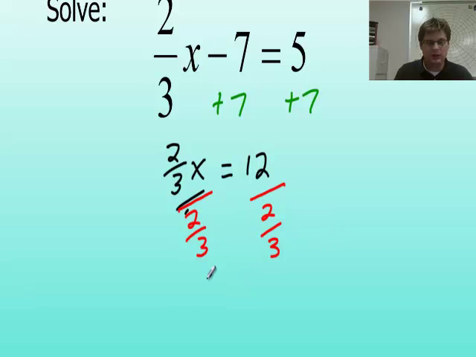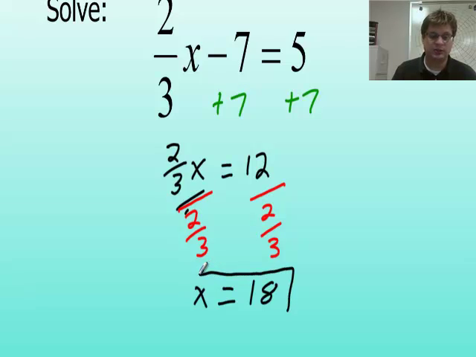That's going to leave me with x equals 18. That's our answer for x. So x would have to be 18. Of course, you would check that by substituting it into the x here. When you say 2/3 times 18 minus 7, it will indeed equal 5.